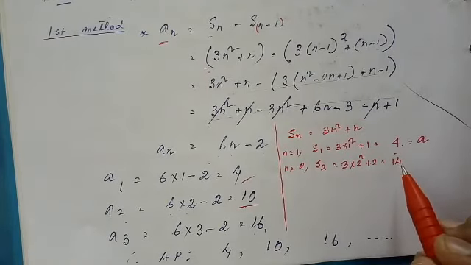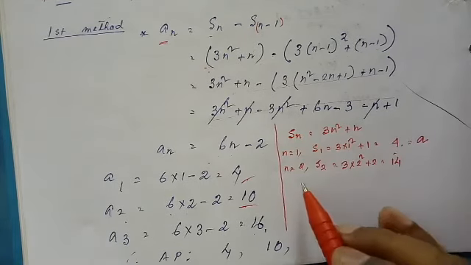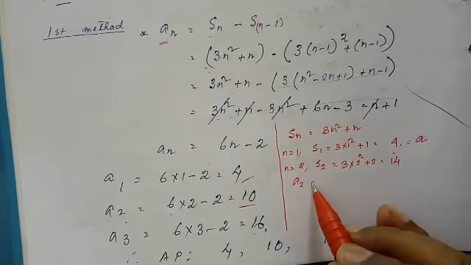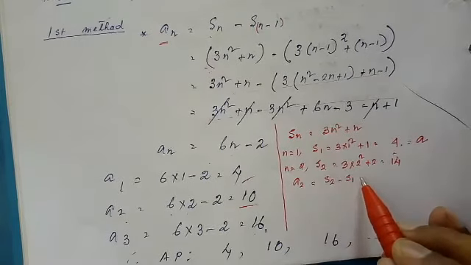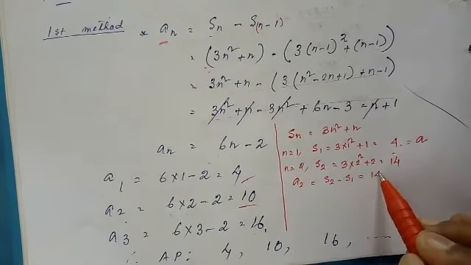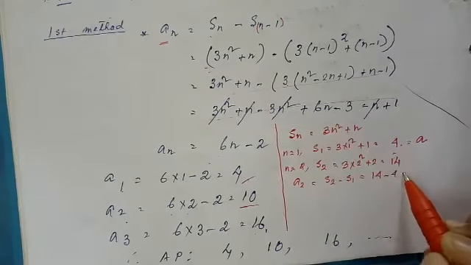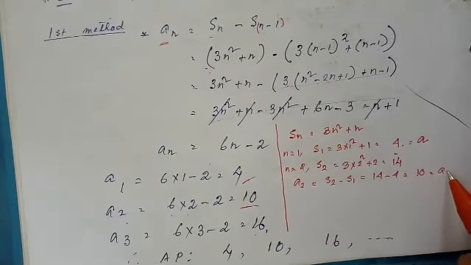If from the sum of two terms we subtract one term, that is the first term, what will remain there? Obviously the second term. Therefore, A2 is equal to S2 minus S1. As I have given you the formula, 14 minus 4, that is equal to 10. So this is the second term.